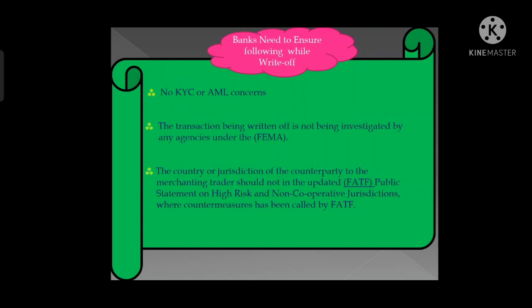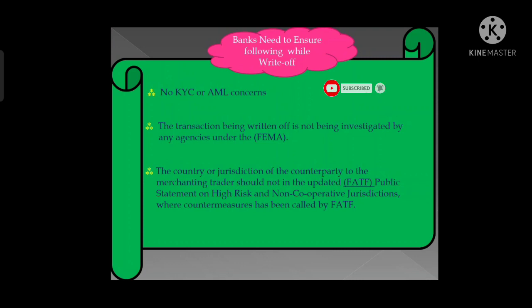What is AML? That stands for anti-money laundering. There should be no anti-money laundering case raised or memo issued against that intermediary in the past. The bank needs to ensure this while processing any write-off of the unrealized export leg amount.